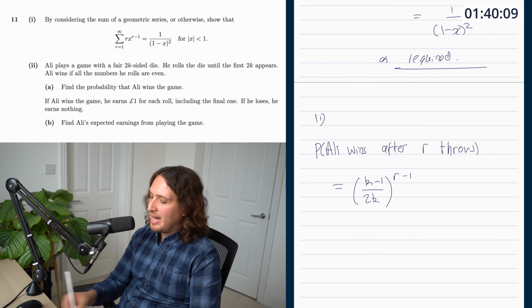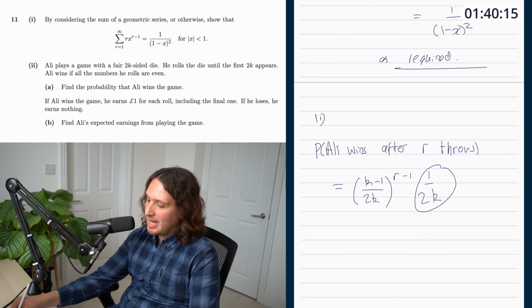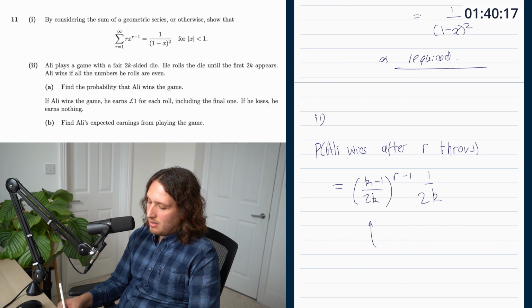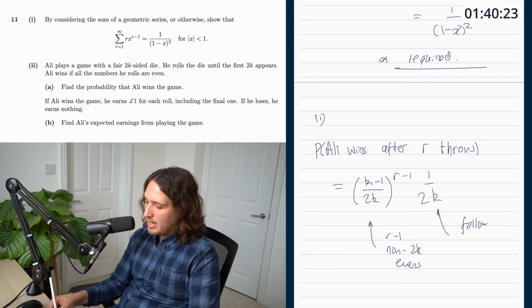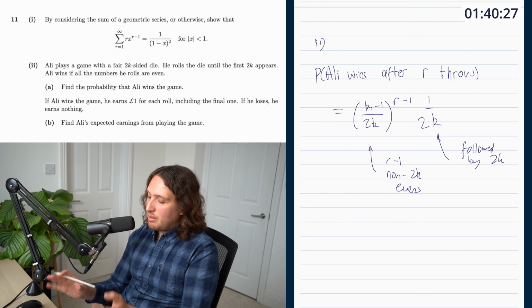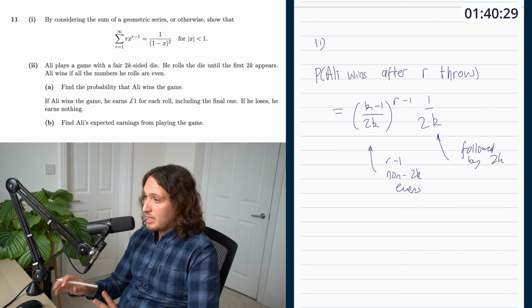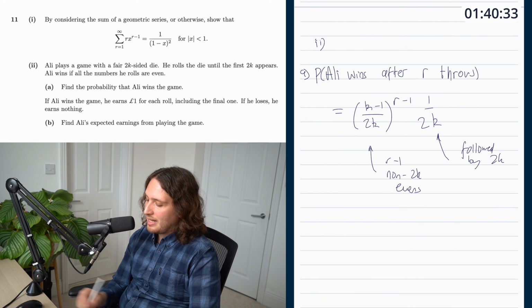I have to do that r minus 1 times, and then I have to get a winning throw of a 2k. So that is r minus 1 non-2k evens followed by rolling 2k. If I think about a probability tree, these are all my good ends of branches, so I just need to add them up.